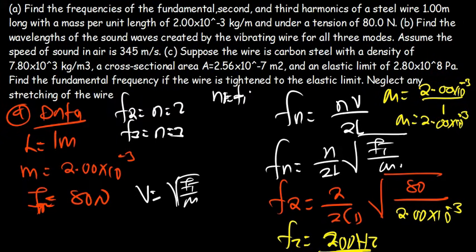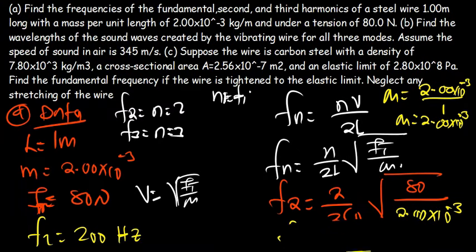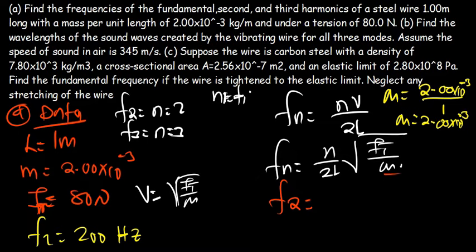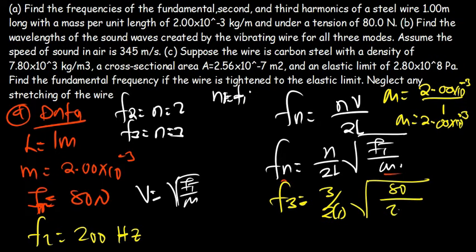Okay, 200 hertz. What of the third fundamental frequency? Using the same formula, n will be equal to 3. So f3 will be equal to 3 divided by 2 times 1, times the square root of the tension force 80 divided by 2.00 times 10 to the power negative 3.